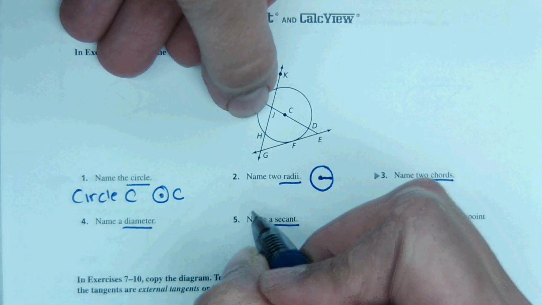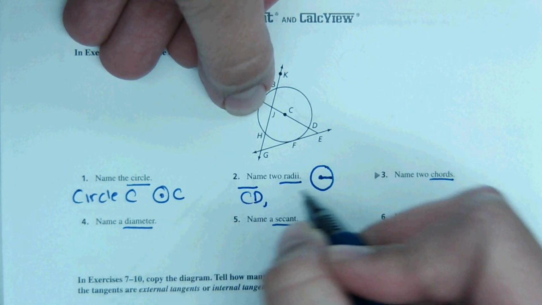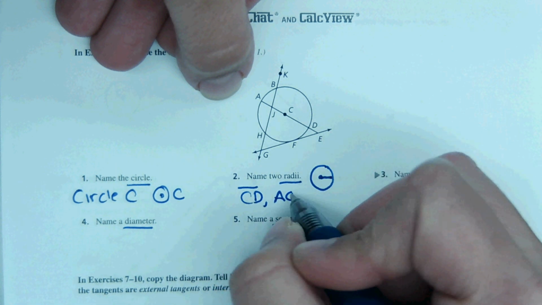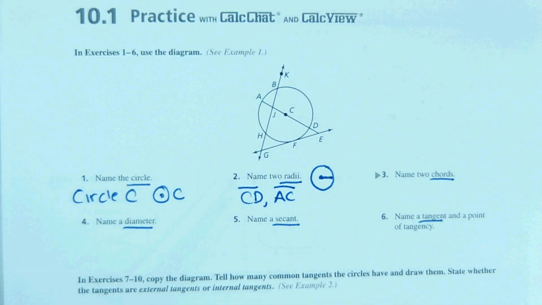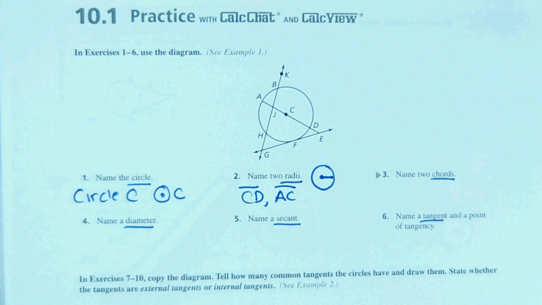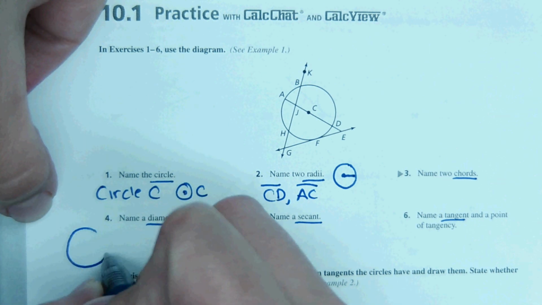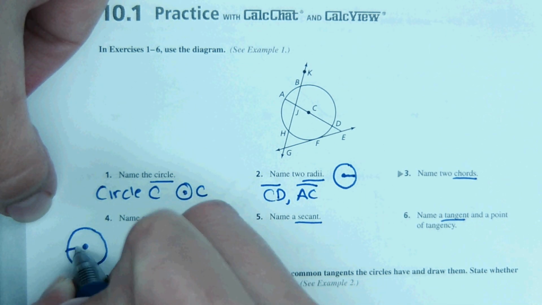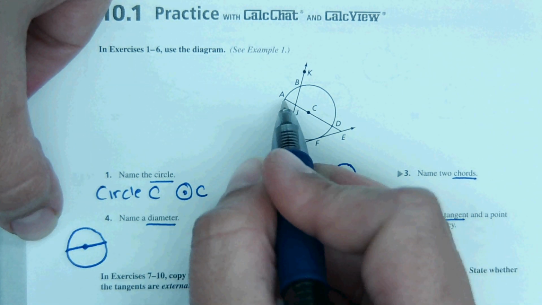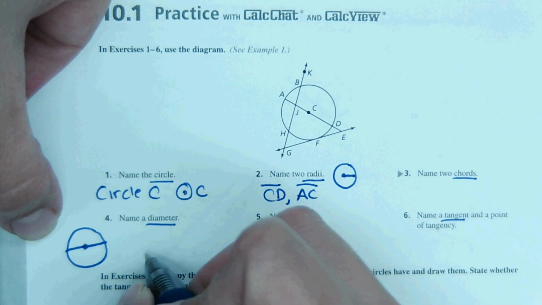So like segment CD or segment AC, those are both radii. And diameter, through the center all the way across. So a diameter here would be segment AD.